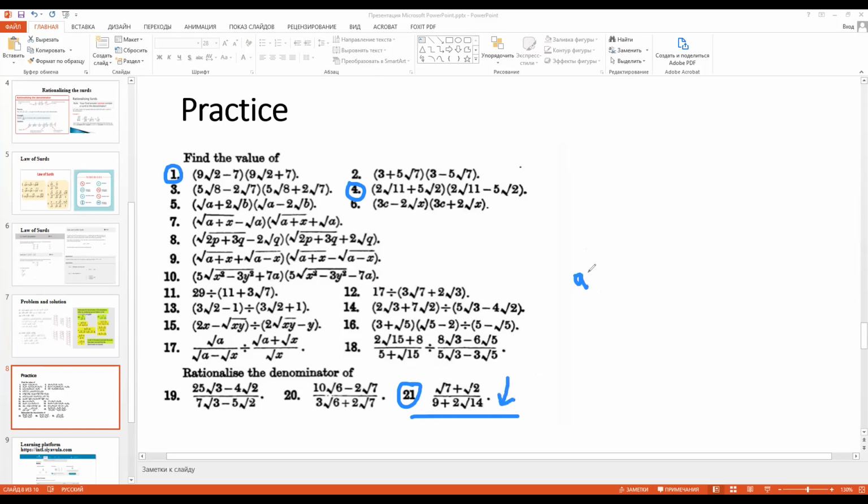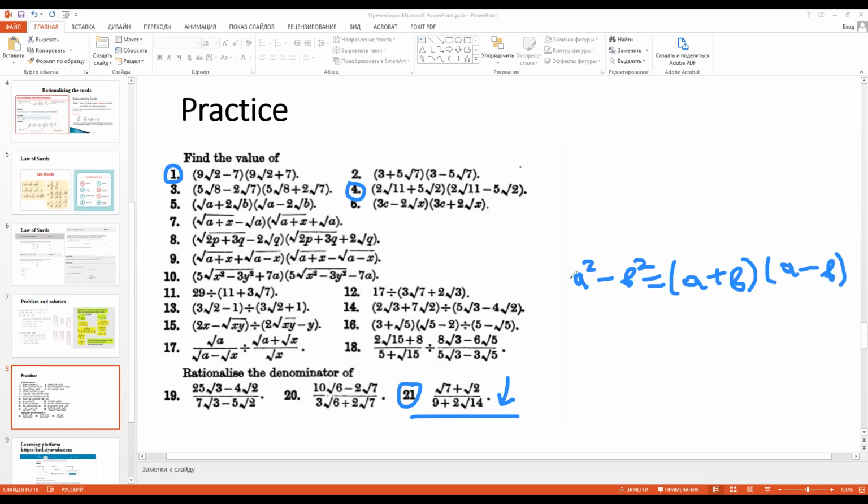Okay, so now let's analyze this formula. A square minus b square equal to a plus b and a minus b.